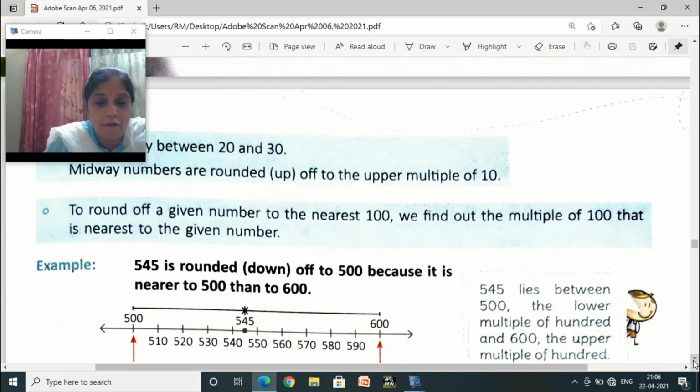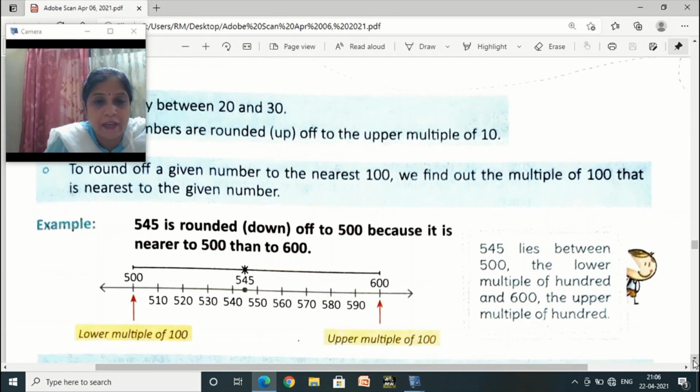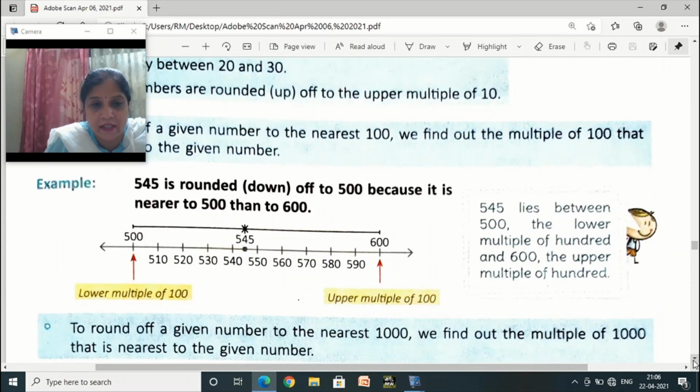Now 545 lies between 500, the lower multiple of 100, and 600, the upper multiple of 100. Now we can find that 545 is nearer to 500 than to 600. So it will be rounded off to 500.